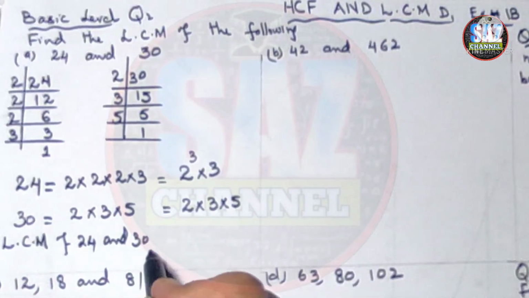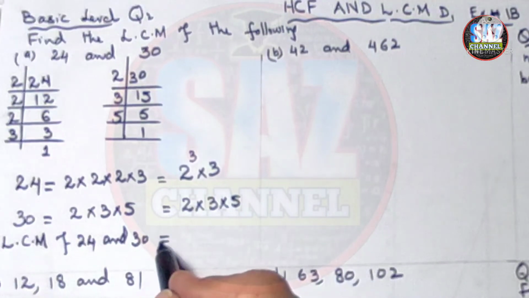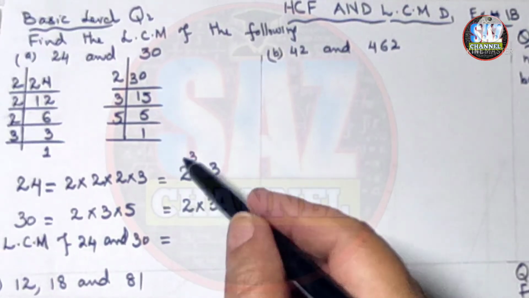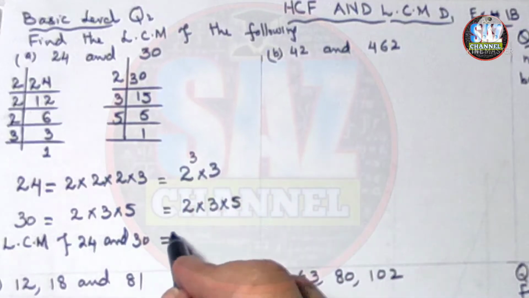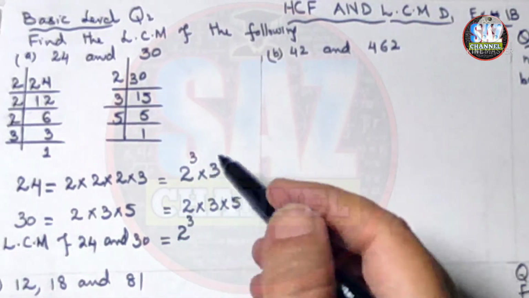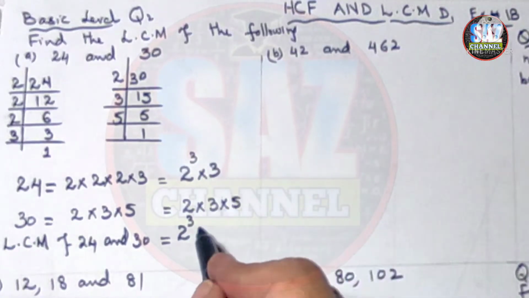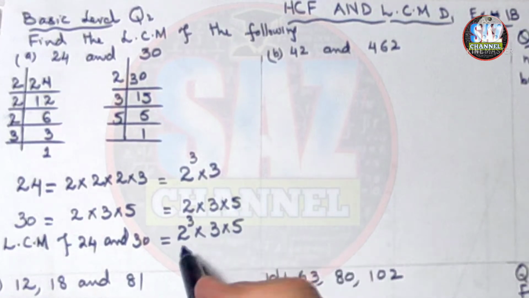And the common factors have to come with their maximum index. Like 2 is the common factor, but the highest index of 2 in both the numbers is 3. So 2 will be coming as 2 raised to the power 3, and 3 again is common, but it has the index 1. So 3 and then 5.